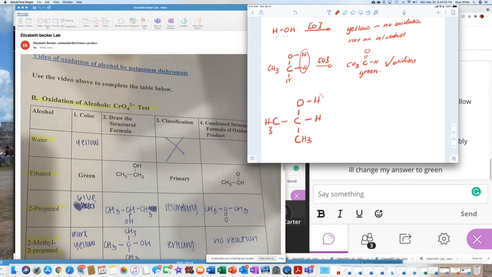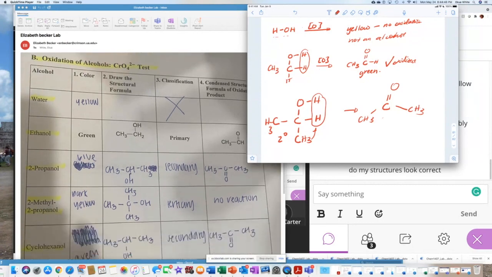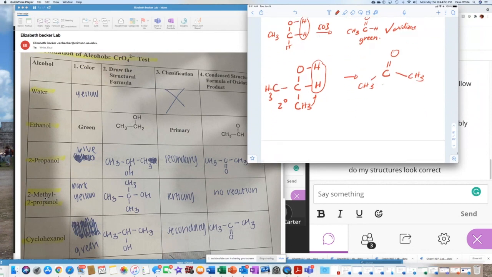So you can see how these two leave, and what we end up with is the carbonyl, and then this comes up here like that. Yes, this is secondary because you cannot oxidize further. So that should be blue, green, either one works.